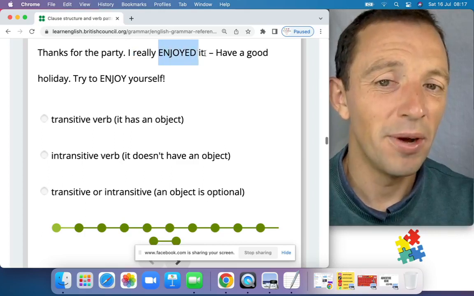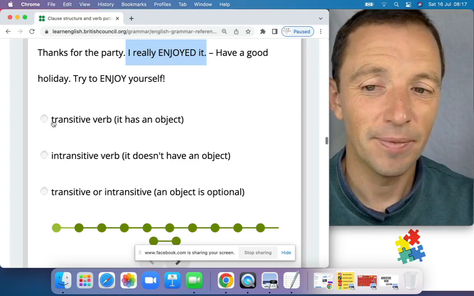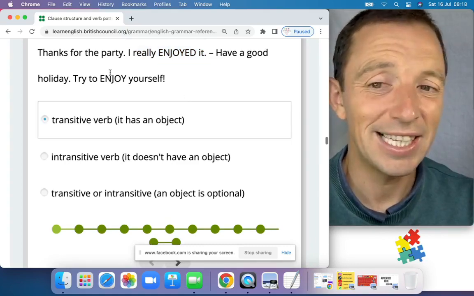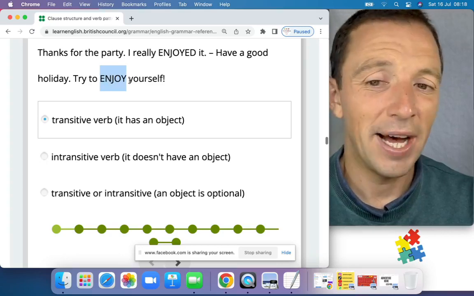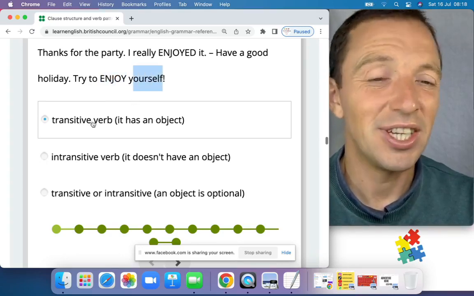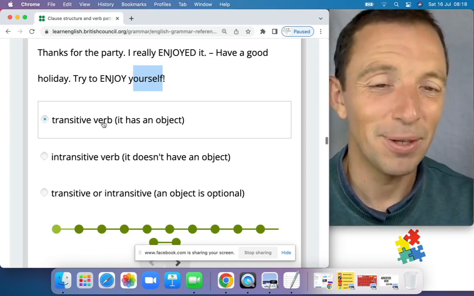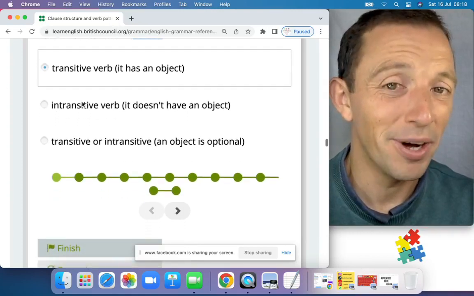Subject, verb, object. This is transitive in this case, because it has an object. The second example, enjoy is the verb and we have the object, so enjoy yourself is a transitive verb, I would suggest.